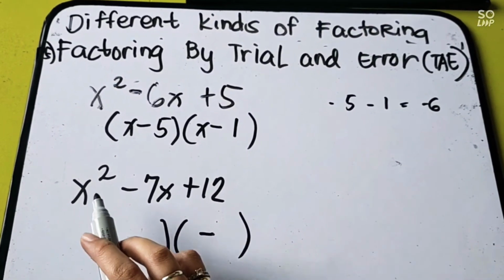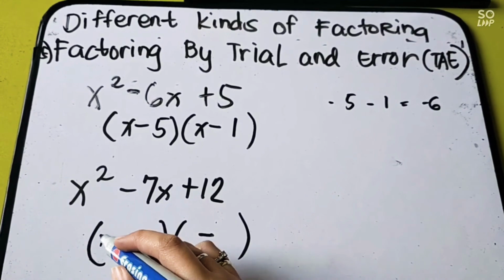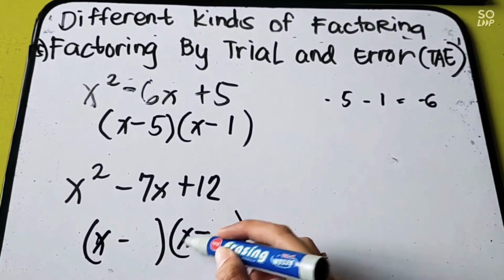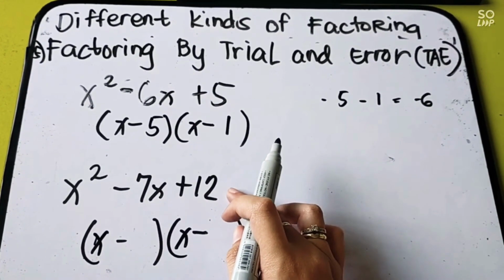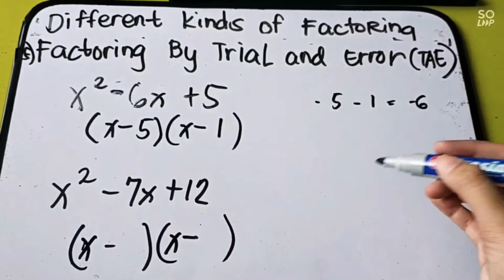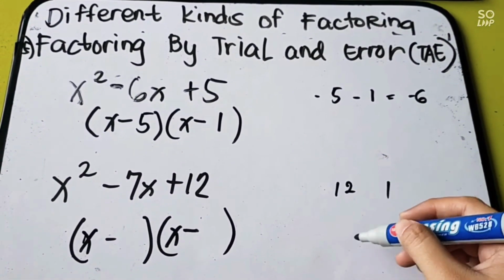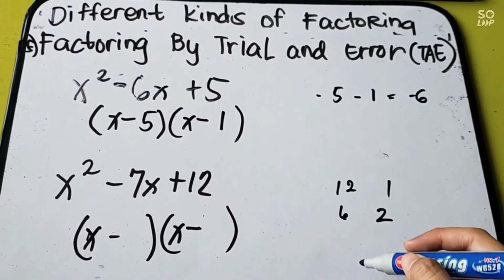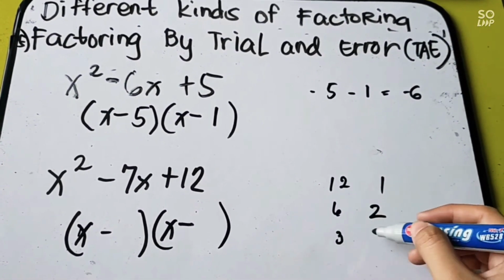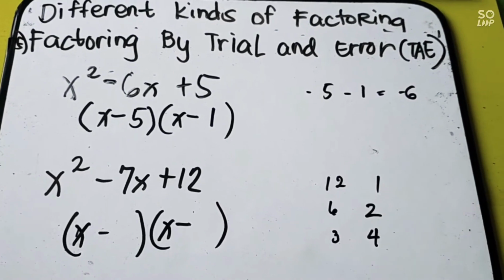Next, we have here, factors of x squared, x and x. Next, factors of 12. When you add it, we have 7. The factors of 12 are 12 and 1, 6 and 2, and 3 and 4.